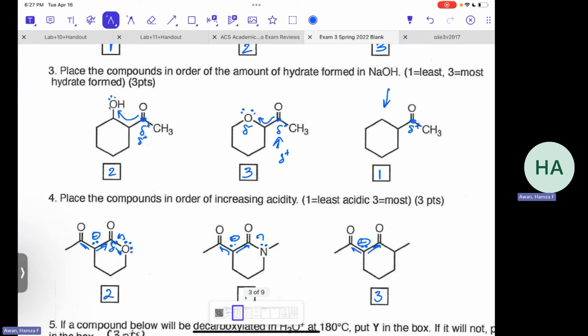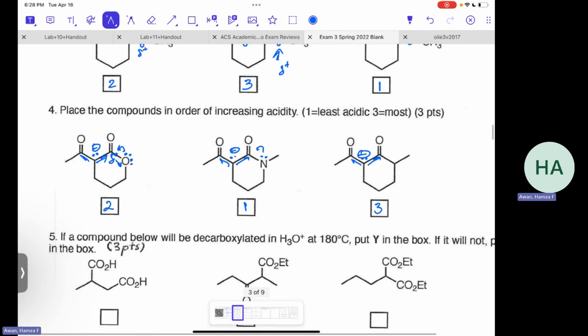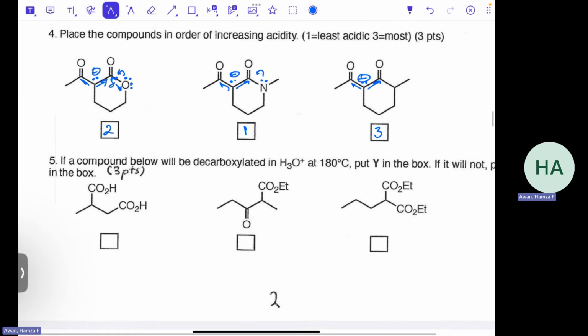If there's a reaction happening, then once it splits, that's when you look at it. But this one, we're just looking at straight acidity. I'll try to find it. Okay. In that case, I would say oxygen. Yeah, if it was like an O minus versus a B minus. Okay.